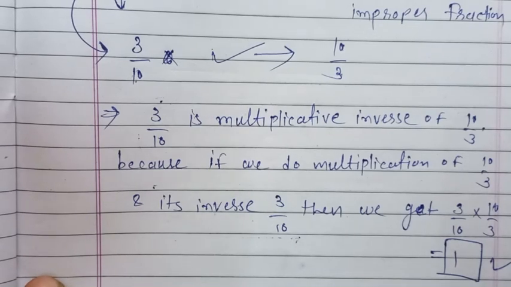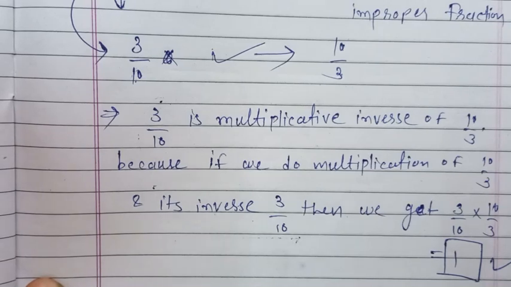So in the previous question we did not get 1, so we can write: if we do multiplication of 8 by 9 and its inverse, -9 by 8, then we do not get 1. Okay, so this is not the multiplicative inverse of -1 by 8. This is for the previous question.